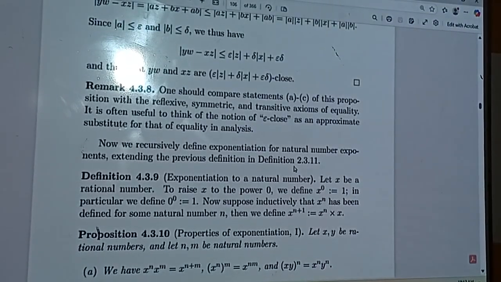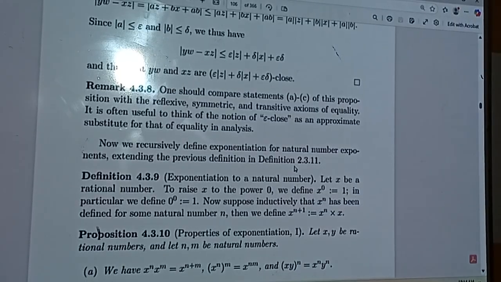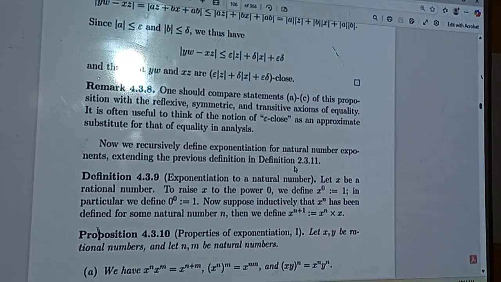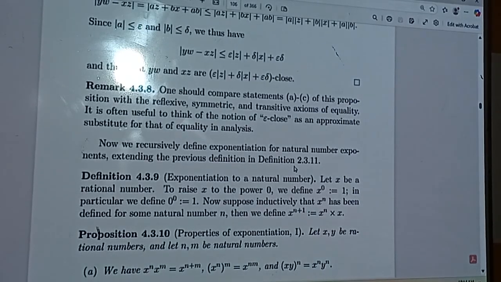That's not good. The way it should be written is that let n be a natural number for which x to the n is defined. That's the correct way of writing. You see what I am saying? Because you have defined x to the 0 equals 1. Then 0 is a natural number, so you have defined x to the n for some natural number n. Then now you are saying, now suppose inductive.